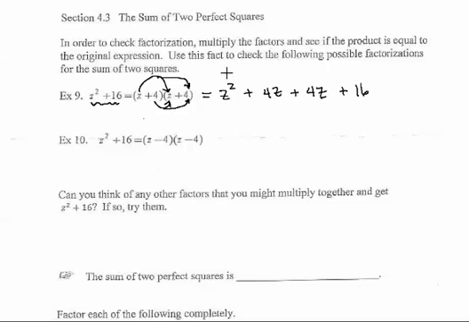And so we do have the z squared and we have the plus 16, but we have these two middle terms that give us an extra term that wasn't in the original polynomial. There is no 8z over here in between the z squared and the 16. So this is not a way to factor the sum of squares.